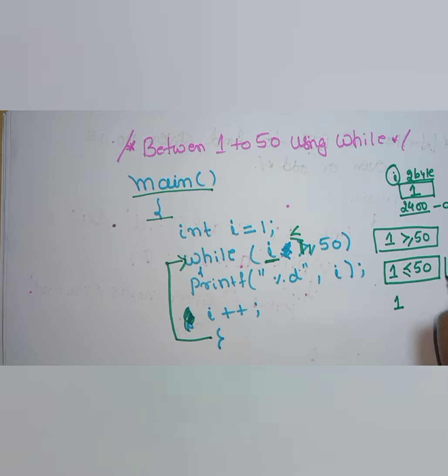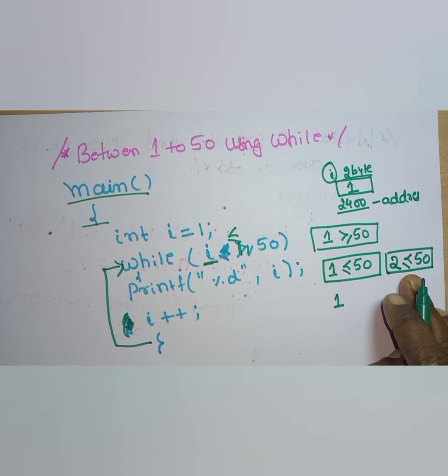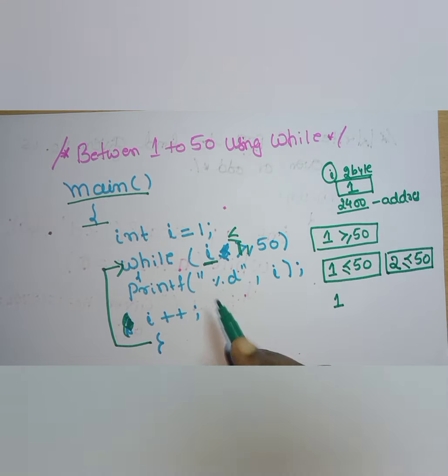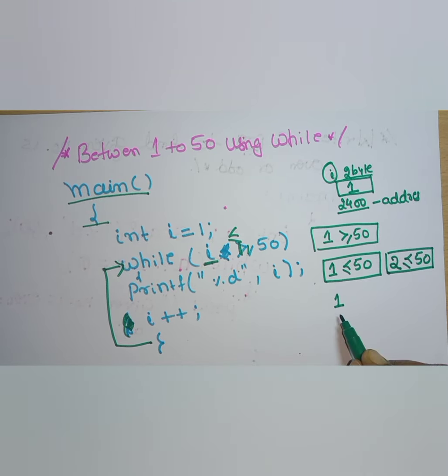Once again, this condition is true. Correct? If this condition is true, you are saying print that i value. What is your i value? The i value 2 is printed.